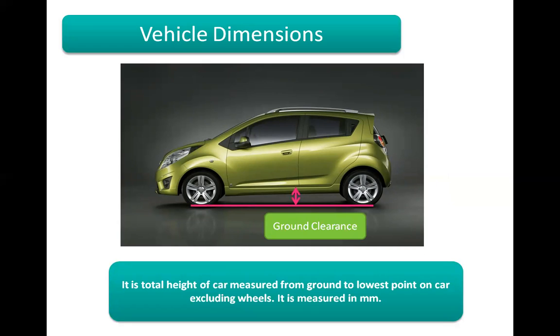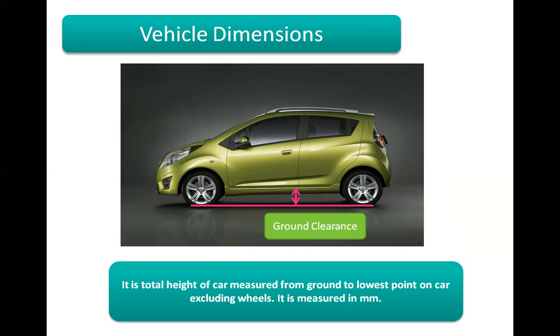Then what is ground clearance? Here in the picture, the automobile vehicle is shown and the arrow represents the ground clearance. So what is the ground clearance? It is the height measured from the ground to the lowest point on the car excluding wheels. So keep in mind, excluding wheels.